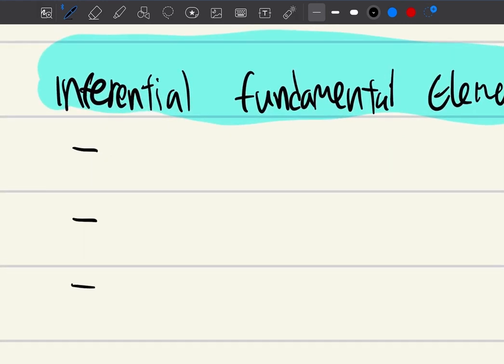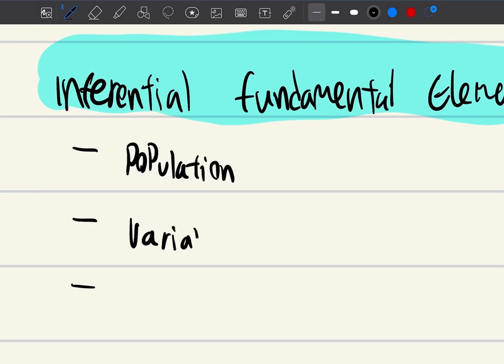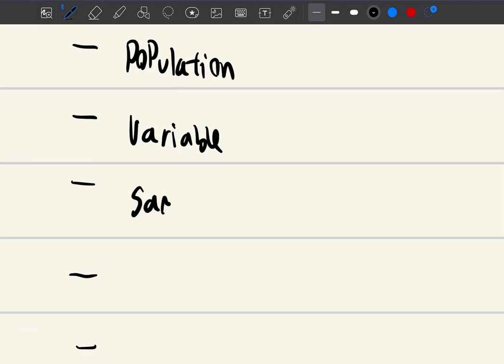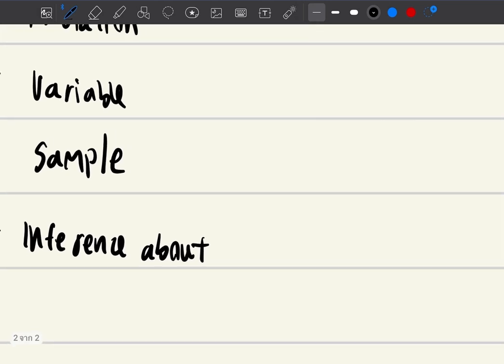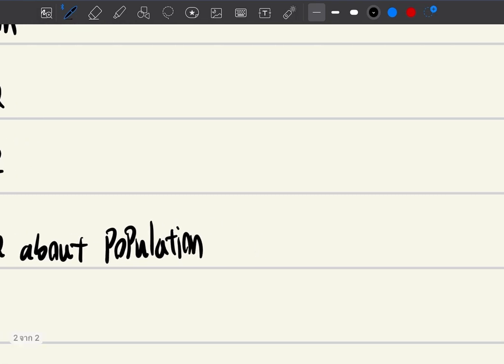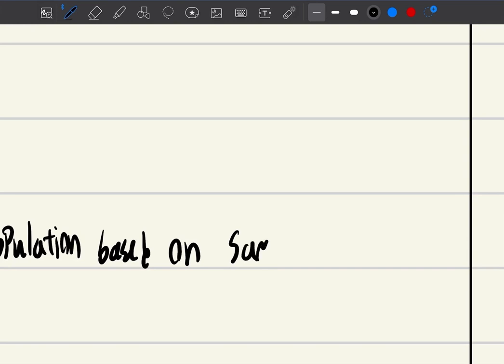It's gonna be population, variable, sample, and inference about the population based on sample information.